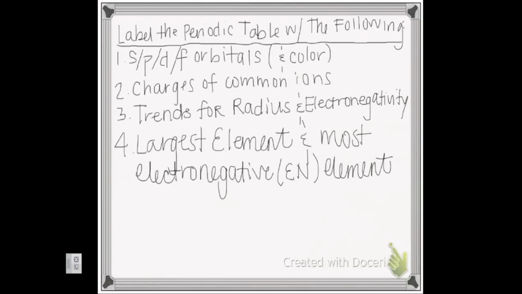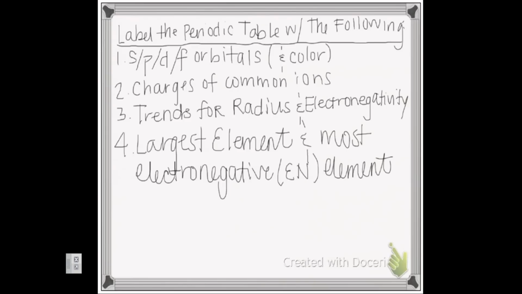I would do it using my iPad, however, I would give the students crayons to do it on their individual periodic tables that are in their course packets. And then that way they can follow along with me. So, the 4 bullet points are to 1, label all of the orbitals on the periodic table by using the highlighter function and coloring them in. 2, write the charges of common ions on the periodic table.